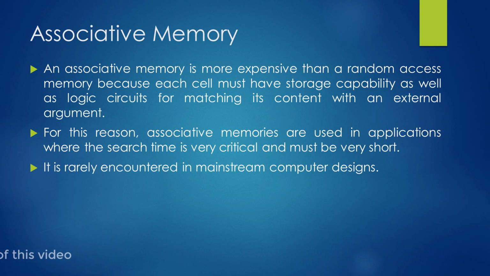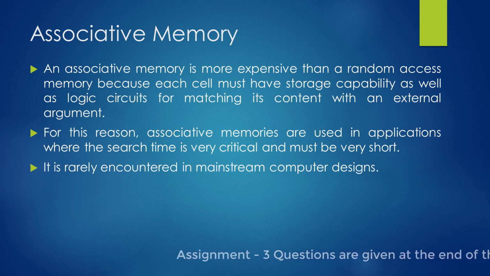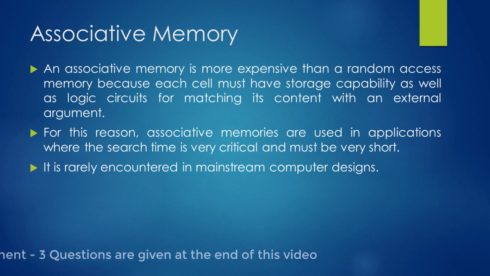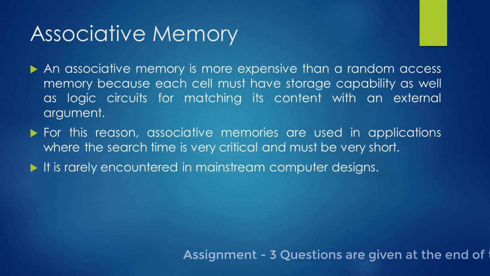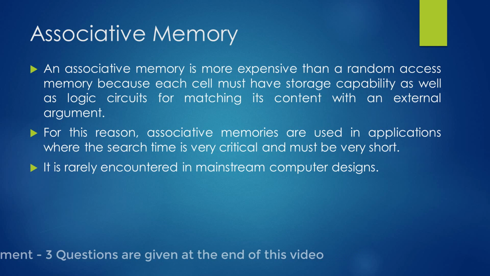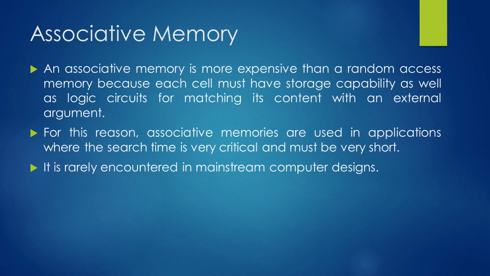Basically the expense is because this kind of memory requires extra logic circuits. More implementation has to be done if you want to implement associative memory. For this reason, associative memories are used in applications where the search time is very critical and must be very short. It is rarely encountered in mainstream computer design.